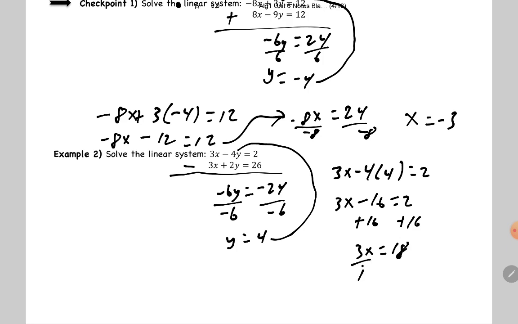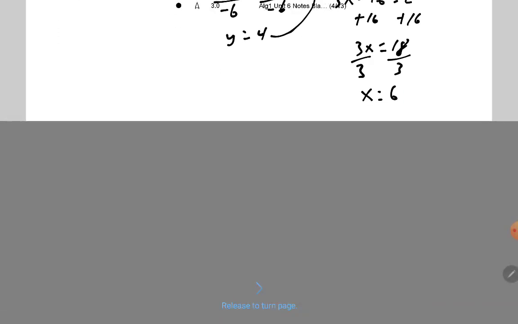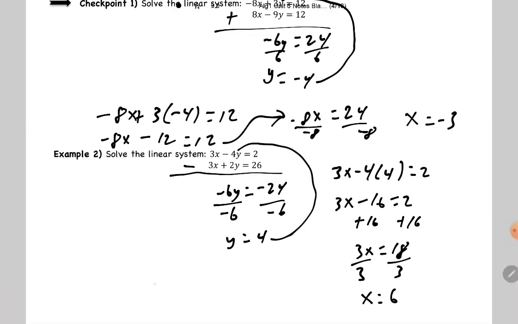So when I divide by 3, I get x equals 6. So my answer for this one was 6 comma 4, and I forgot the answer for the checkpoint 1 back up top here is negative 3 comma negative 4.